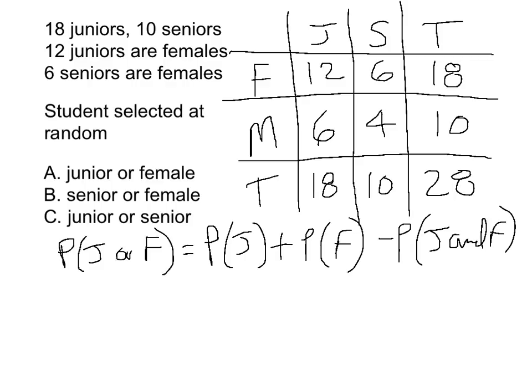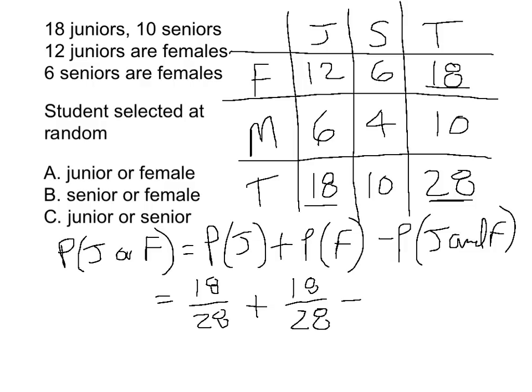So the probability that we would have a junior is 18 out of 28. The probability that we would have a female is also 18 out of 28. And we find those things here, 18 out of 28 for juniors and 18 out of 28 for females. Minus the probability that we would have a junior and a female.